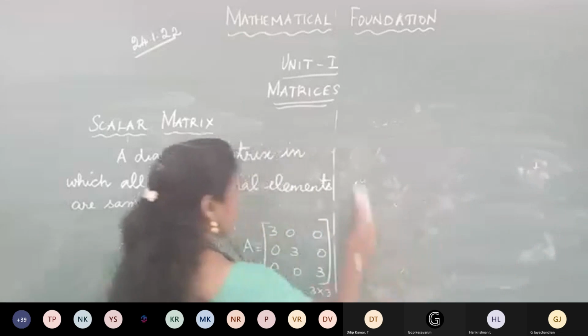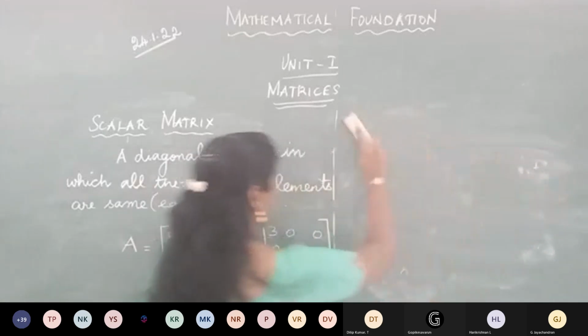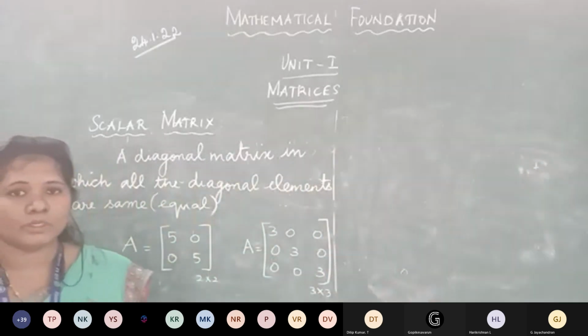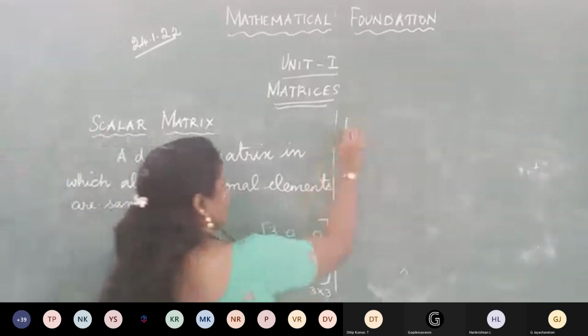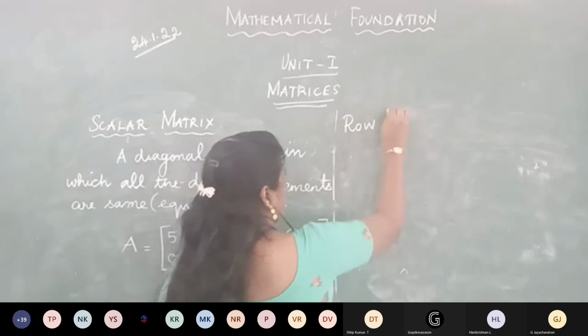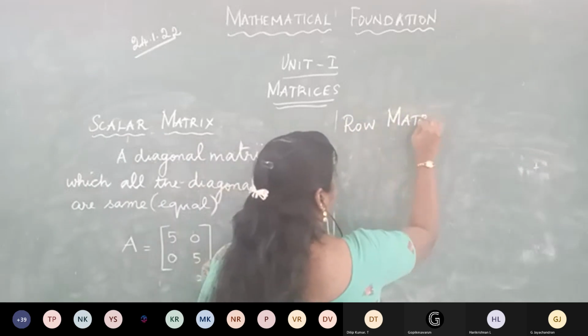First, you have to be very thorough about your row matrix and your column matrix. You have to know in your matrix which is your row, which is your column. So we will write your row matrix also. What is your row matrix? What is your column matrix?